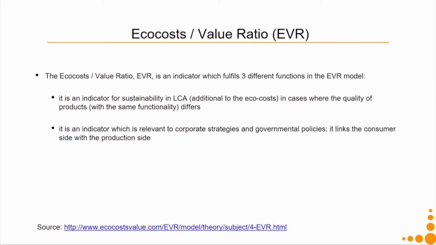Second, it is an indicator which is relevant to corporate strategies and governmental policies. It links the consumer side with the production side, because I am talking about value which is associated by the consumer with a particular product, which might be created because of corporate strategies, like advertising, or because certain products are compliant with certain government policies.